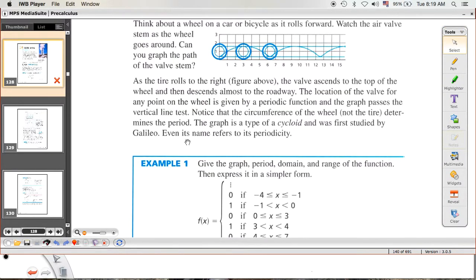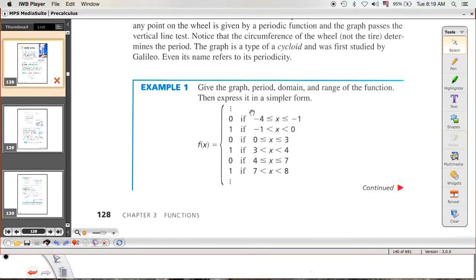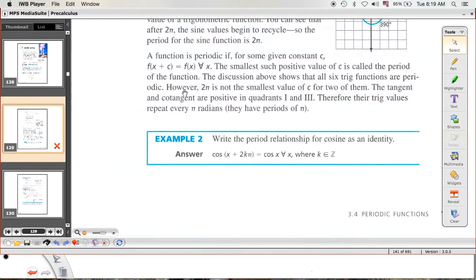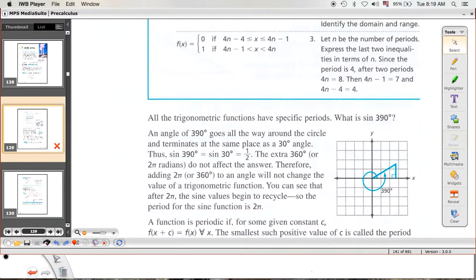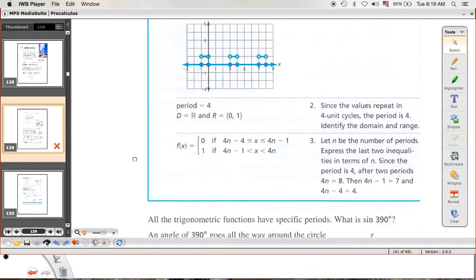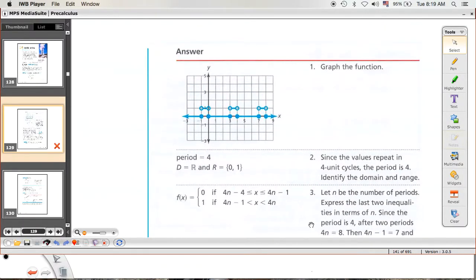If you look at the bottom, it's kind of hard going back and forth between these two pages, but see how much of a pain this looks like to write out? If we write it a different way, we can use the fact that we have this 4-unit period to write it a different way.